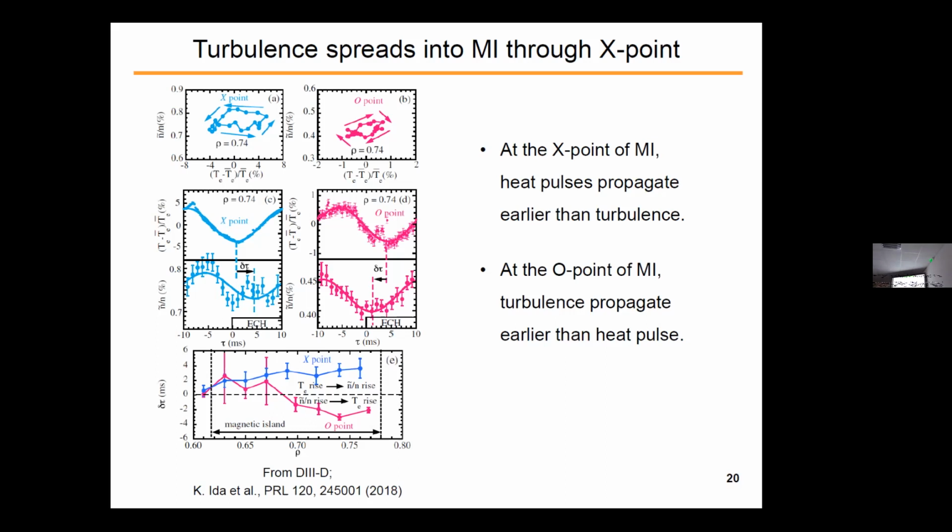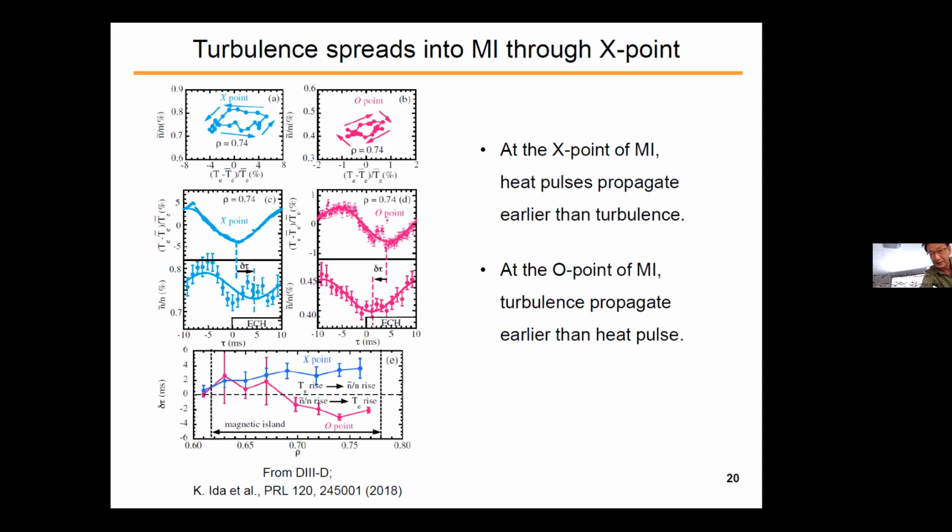On the other hand, at the O point of the magnetic island, turbulence propagates earlier than the heat pulse. So the conclusion is that turbulence spreads into the magnetic island through the X point.